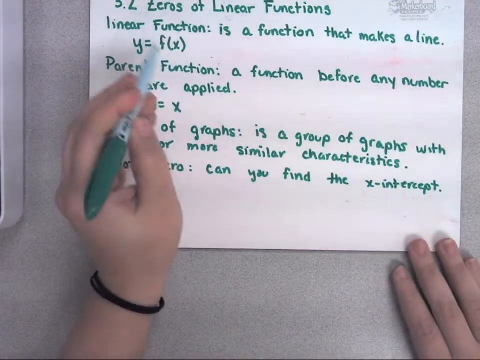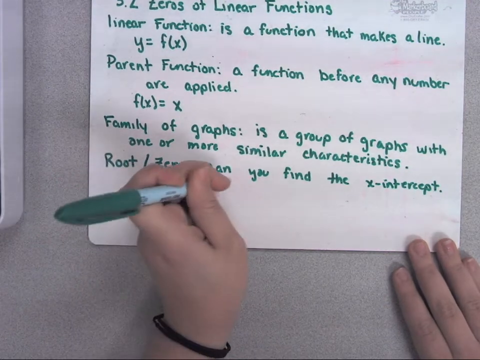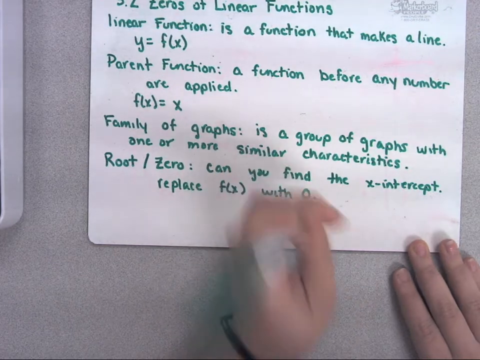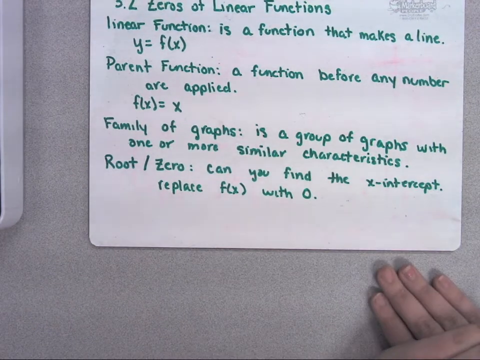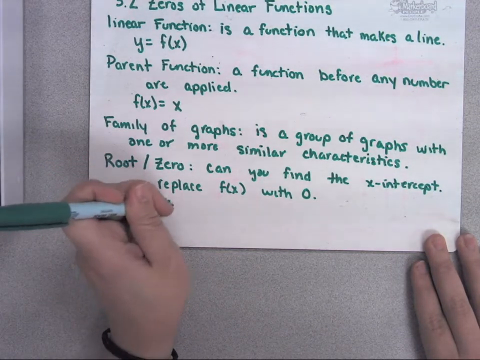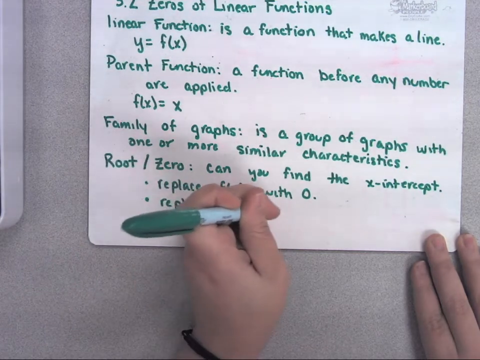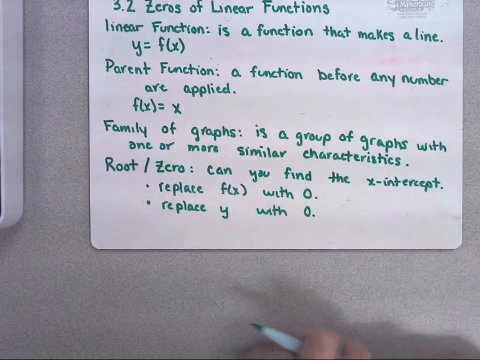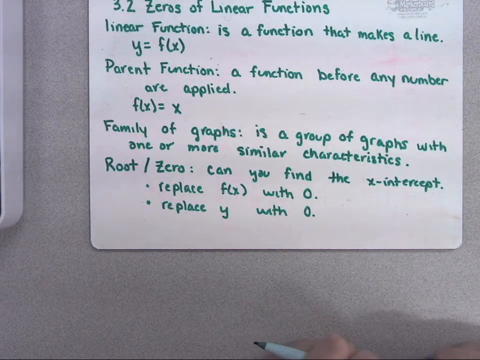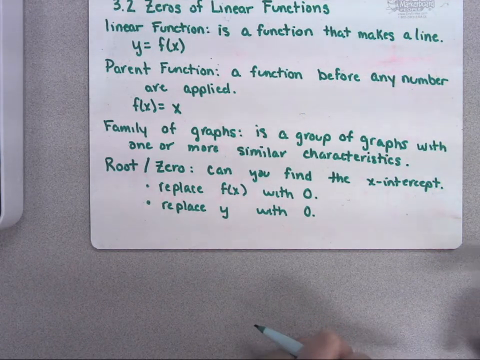So wherever f of x is, you would replace f of x with 0 if it's a function. If it's y, you replace y with 0. Those two words mean the same thing. They use the word root for equations. They use the word 0 for functions, but they literally are the same thing.